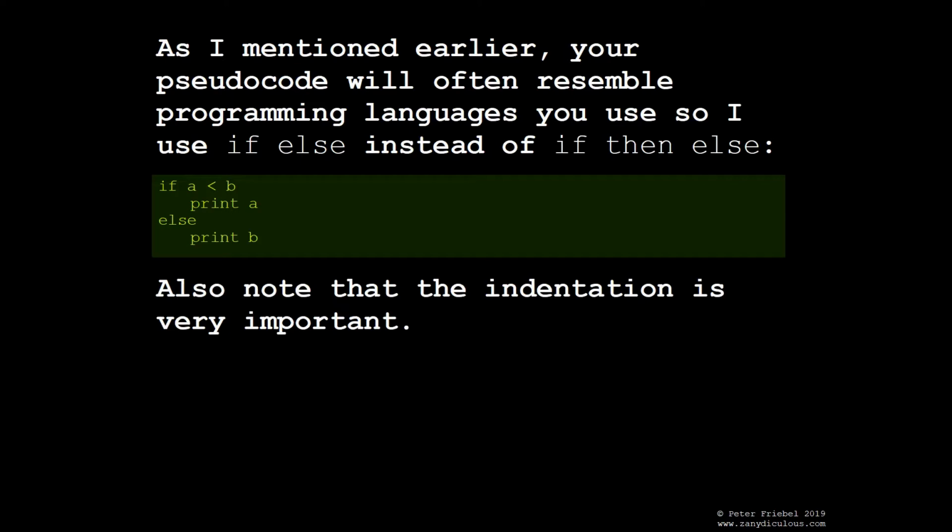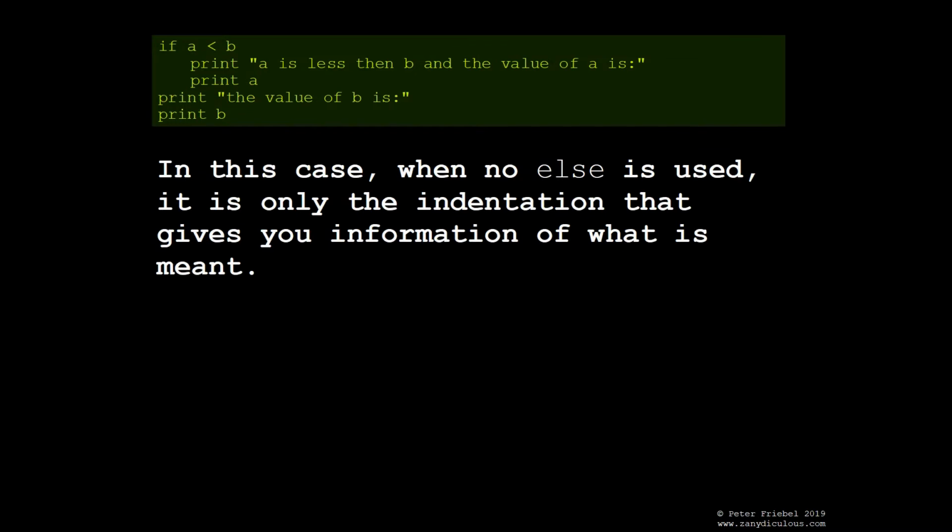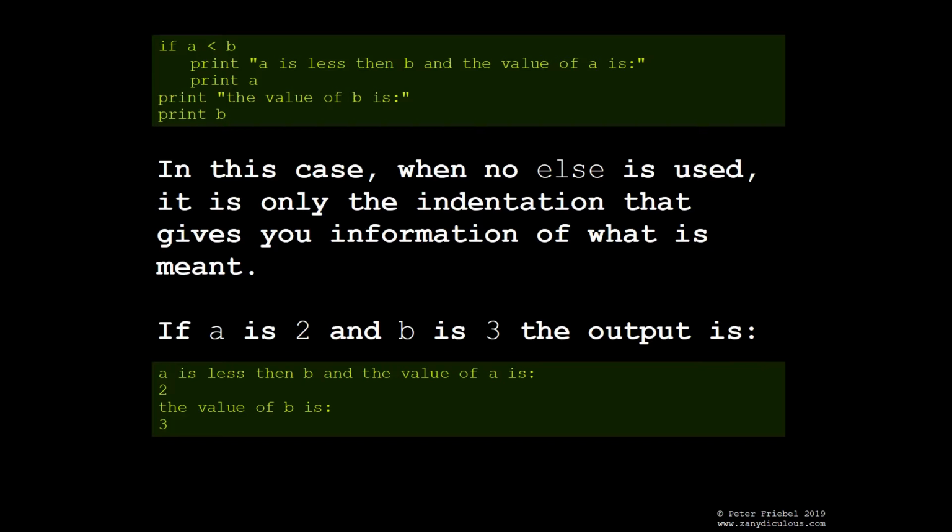Also note that the indentation is very important in pseudocode. In pseudocode, a sequence is defined by a group of one or more operations with the same indentation. So looking at this example, when no else is used, it's only the indentation that gives you information of what is meant. If A is 2 and B is 3, the output is the following.